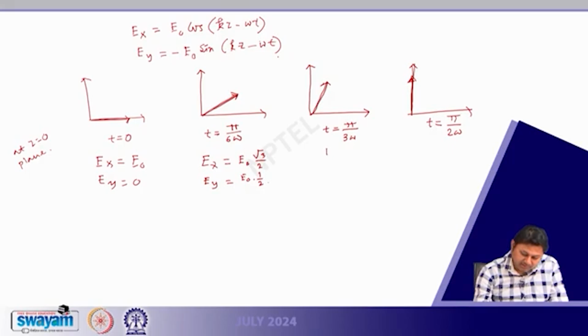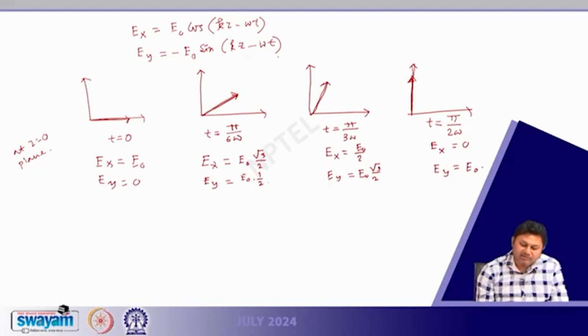In this case Ex was E0 by 2 and Ey was E0 root 3 by 2. In this case Ex was 0 and Ey was E naught.